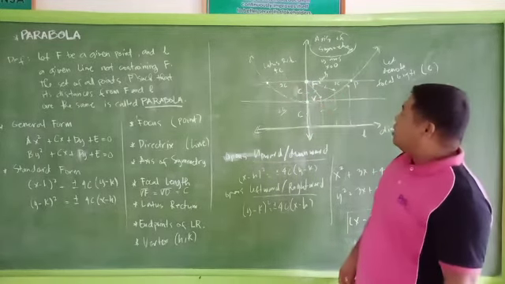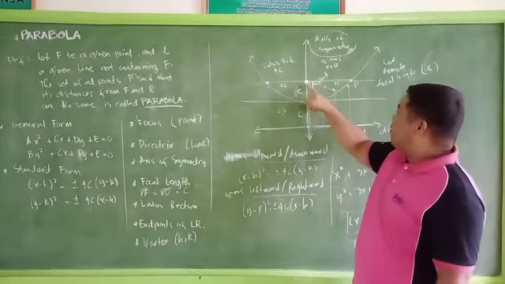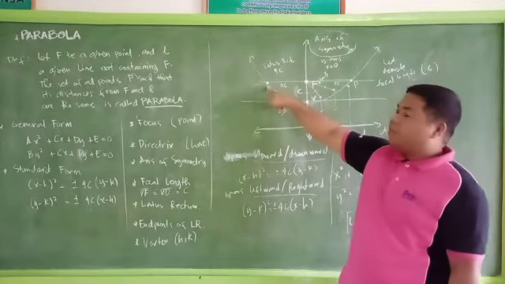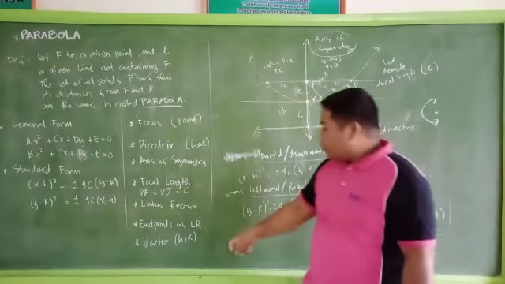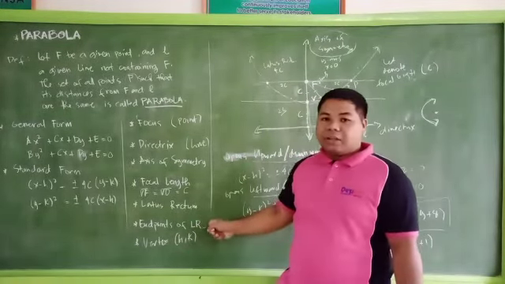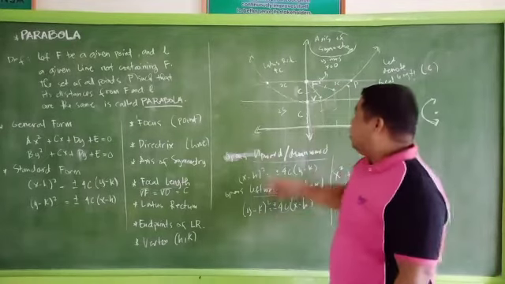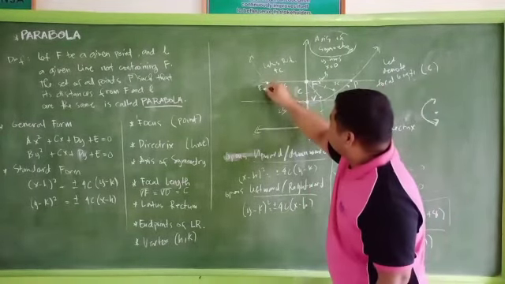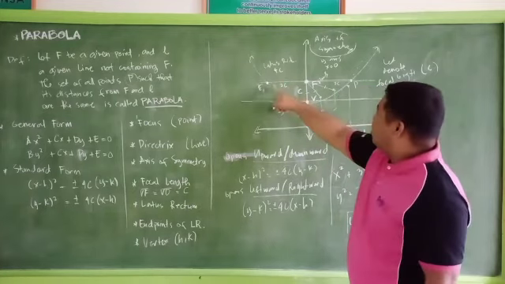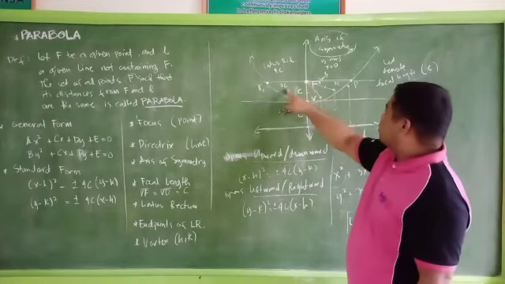Nakuha. Bakit importante malaman natin ang distance natin from focus to one of the end points of latus rectum is 2C? Kasi nga, mamaya, isasolve natin yung mga end points ng latus rectum. Very important na malaman natin yun. So, this distance from end point of latus rectum number 1 to focus is 2C.